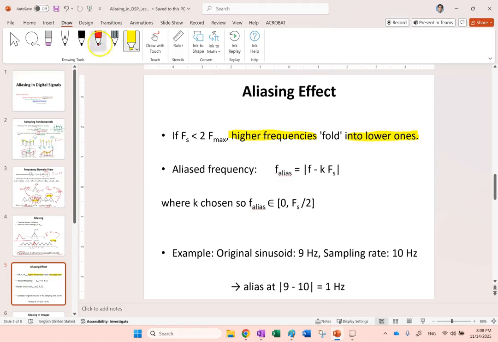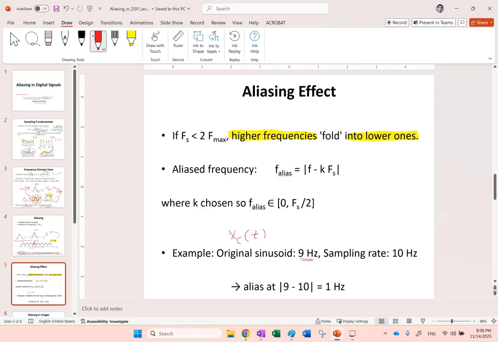As a numerical example, let's say that your original signal, xc of t, is, for instance, a harmonic, and the frequency it has is maximum 9 hertz, or it only has a single 9 hertz frequency in it.